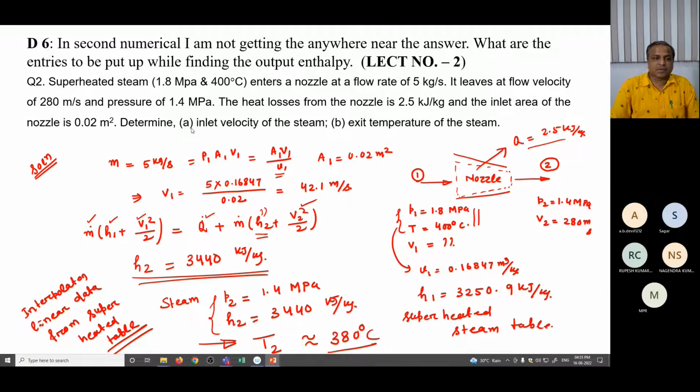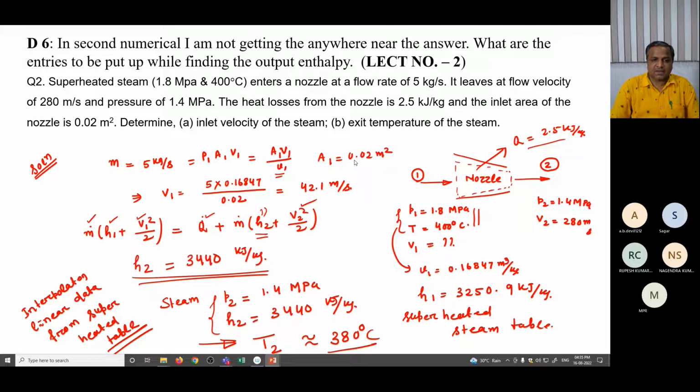The inlet area of the nozzle is given as 0.002 meter squared. So the first assumption we make is that mass flow rate is rho A1 V1, or A1 V1 by small v1, where small v1 is the specific volume. Density is nothing but 1 by v1, that is, specific volume. So from these equations, we know the mass flow rate is 5 kg per second.